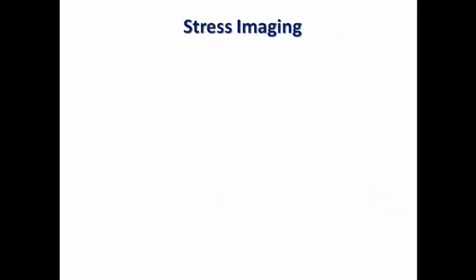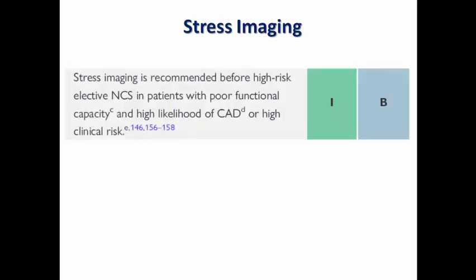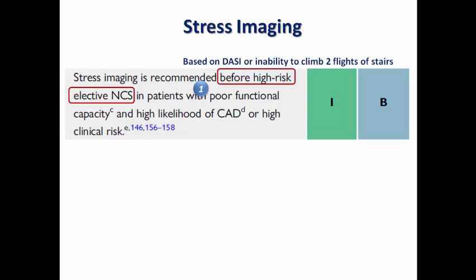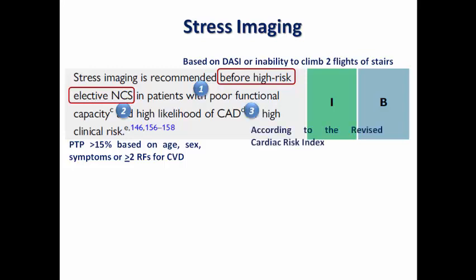Is there any role for stress imaging before elective surgery? It has a class 1 recommendation before high-risk elective non-cardiac surgery in patients with poor functional capacity, high likelihood of coronary artery disease based on the pretest probability or presence of 2 or more risk factors, or high clinical risk according to the Revised Cardiac Risk Index.